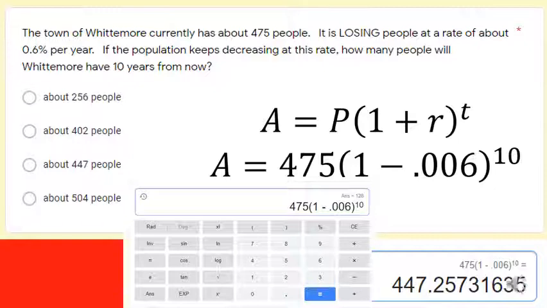And 1% would be 0.01, so 6/10 of 1% is less than 0.01. It's 0.006. There were some people that used 6% or even 60% in their problem, and that's what screwed up their answers. But you do have 475 times 1 minus 0.006 raised to the 10th power, and if you crank that out, you get about 447.